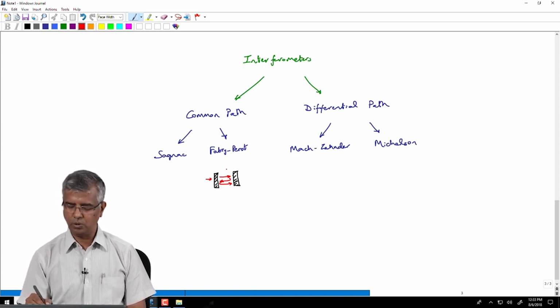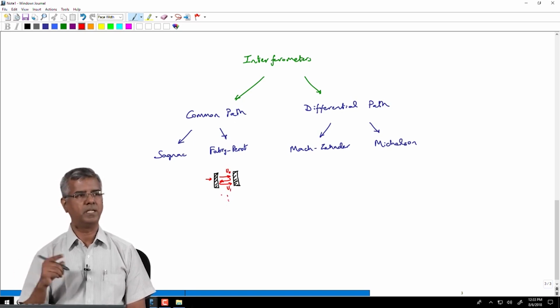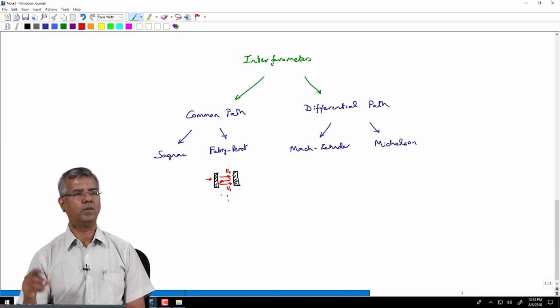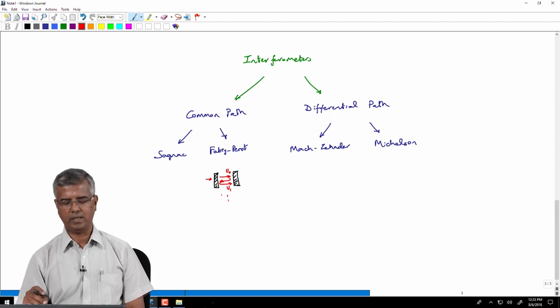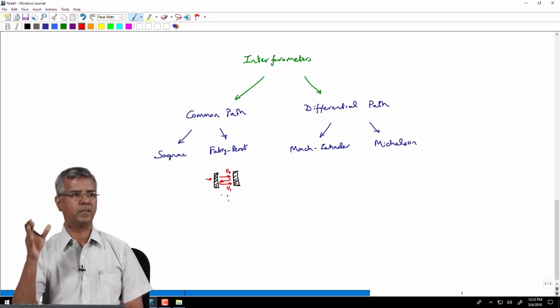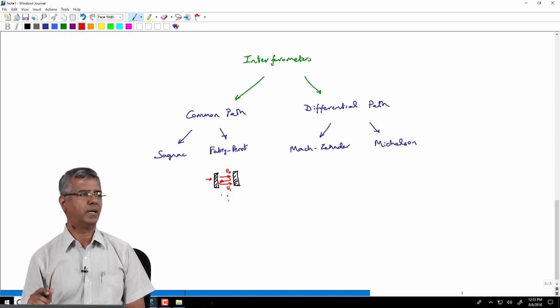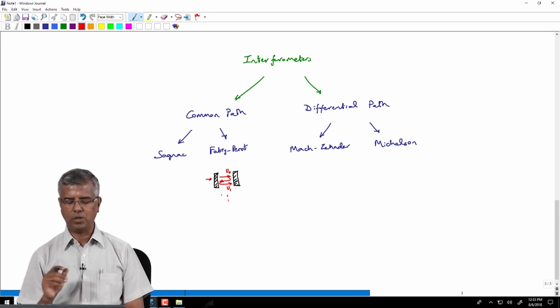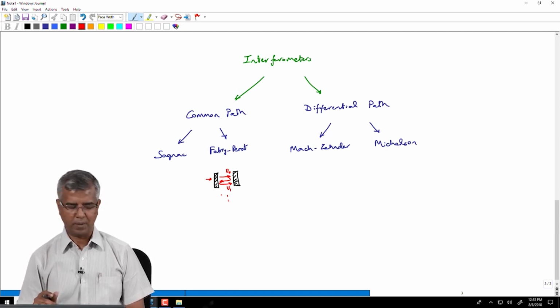It will correspond to, say, this is U0, U1, U2 and so on. So, you can have multiple bounces, and all of these are coming to this other mirror, where you can actually have an interference between all those waves. Okay. So, that is what you are typically looking at as far as a Fabry-Perot interferometer.